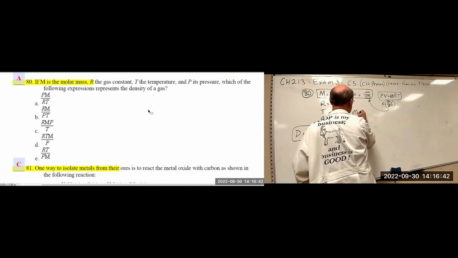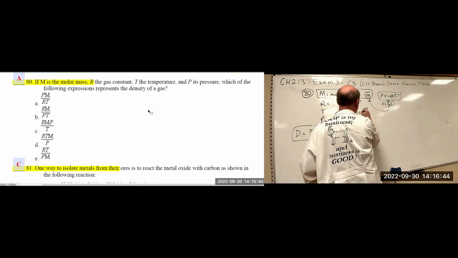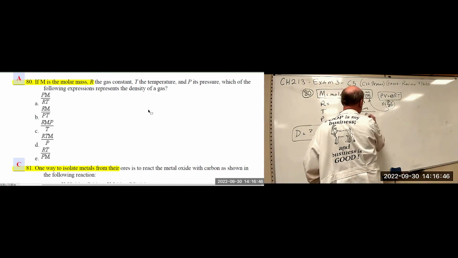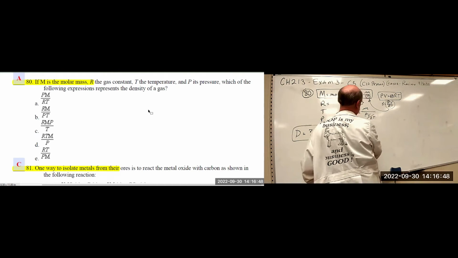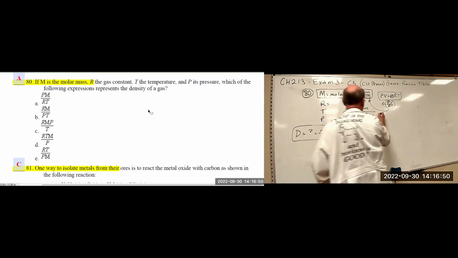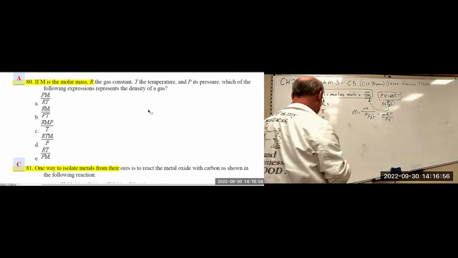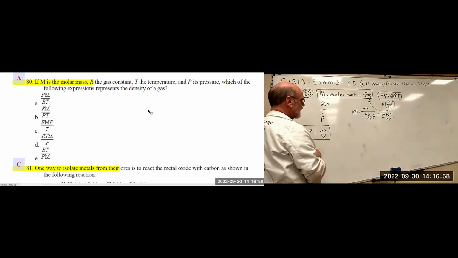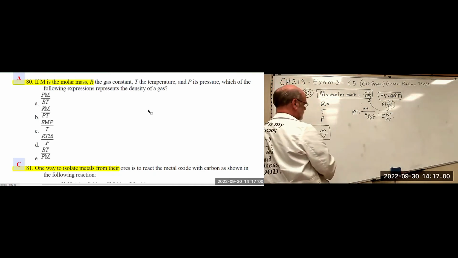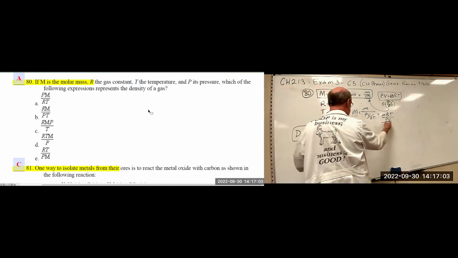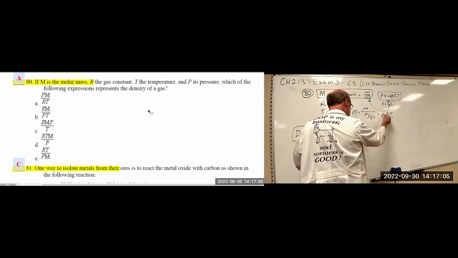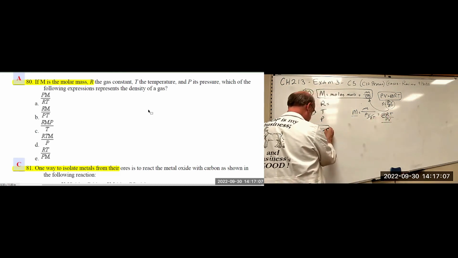We get M equals mass over PV over RT, or mass times RT over PV. Now, what do these two have in common? This is equal to that, and they share that variable right there.